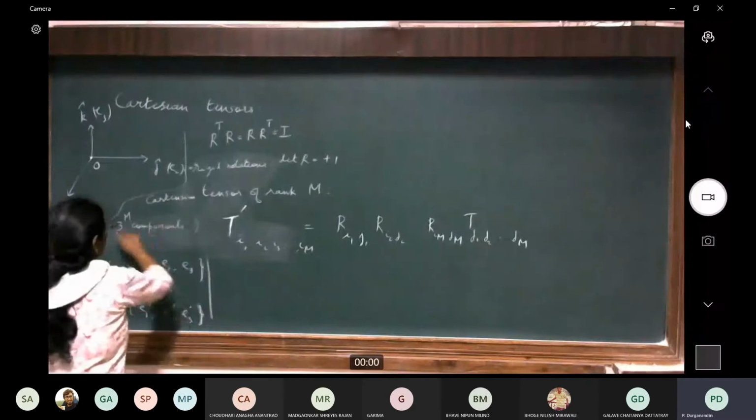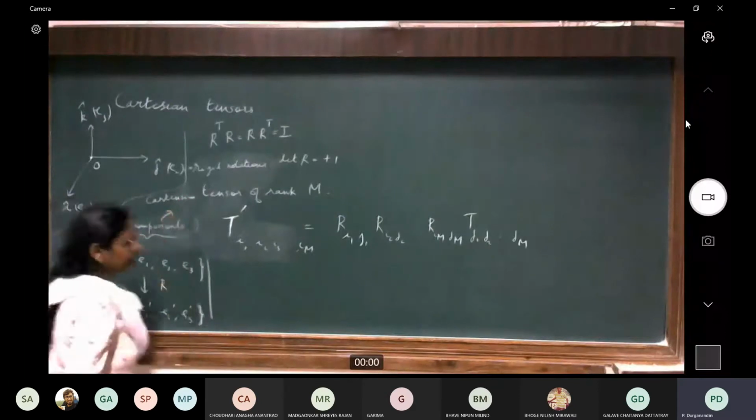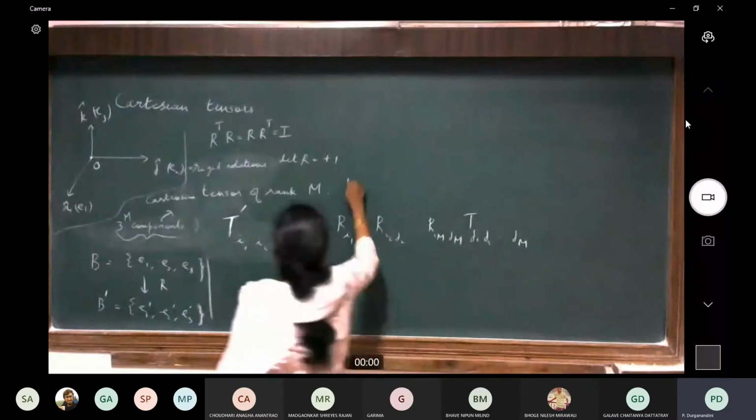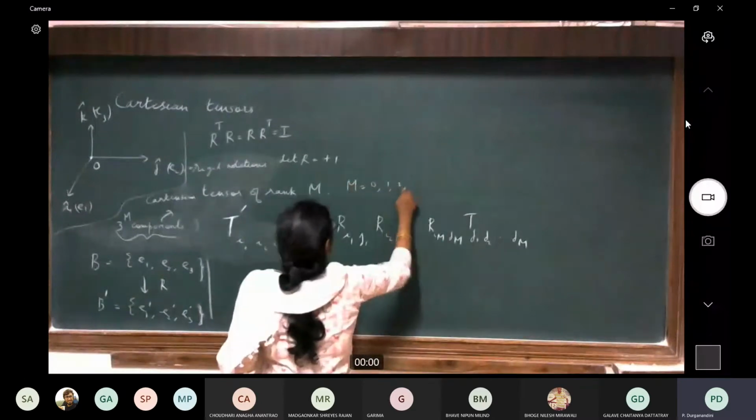Or we will say that these 3 to the power of n components form a Cartesian tensor of rank n. And this n can take 0, 1, 2, 3.